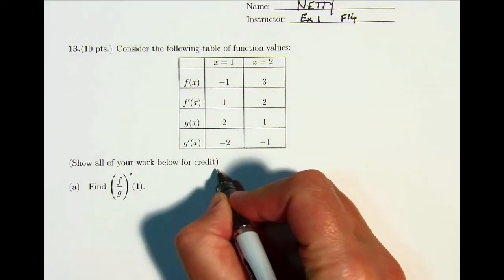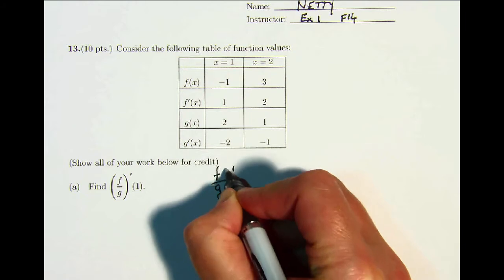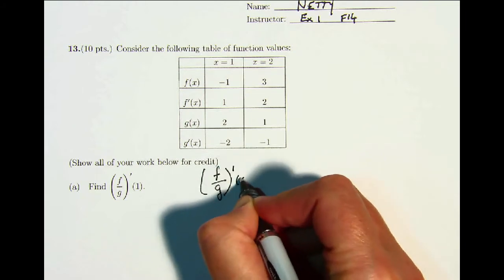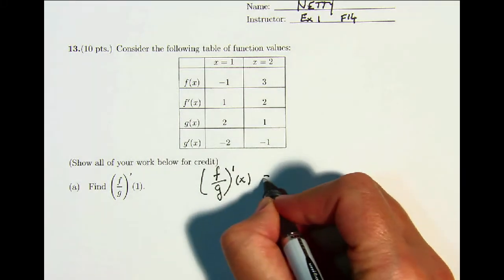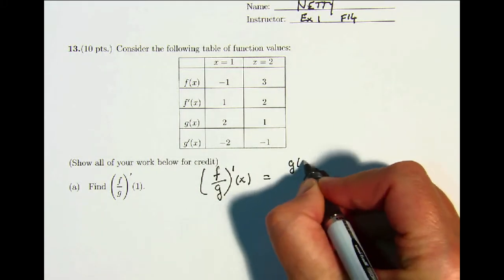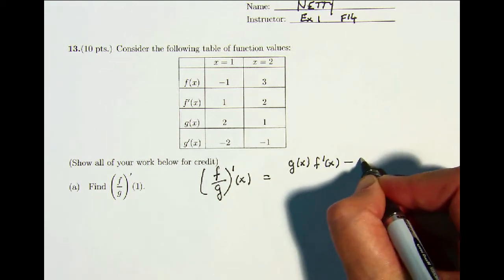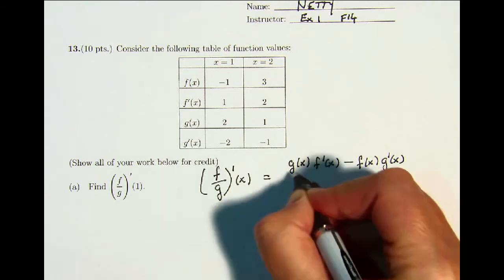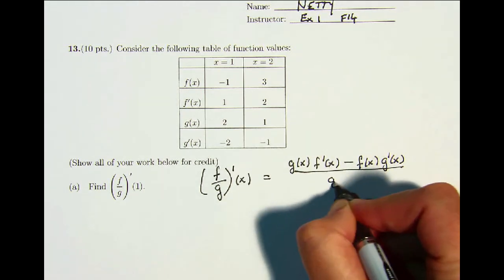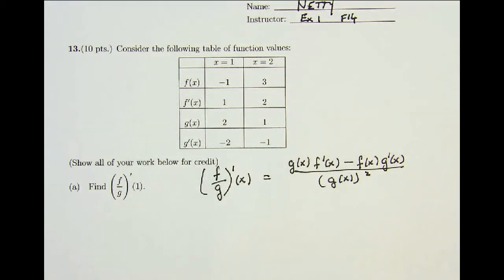So recall that f over g prime of x, which is the derivative of f of x over g of x with respect to x, is g of x times f prime x minus f of x times g prime of x all over g of x quantity squared. And this is the quotient rule.